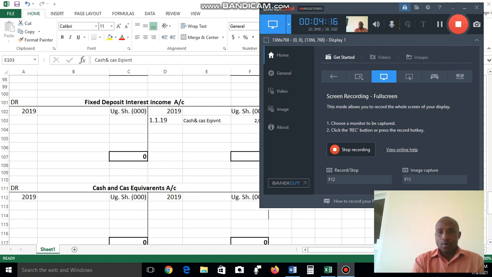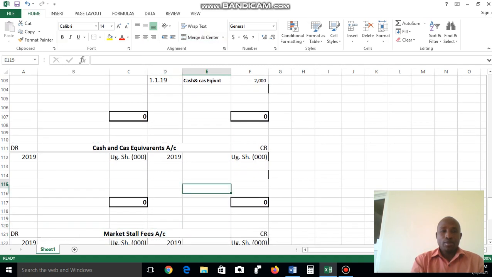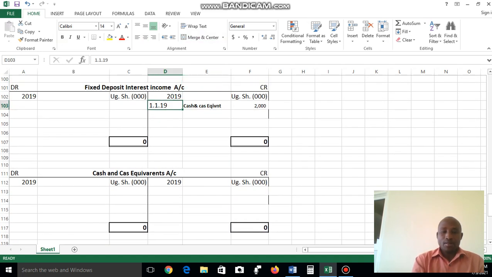Now we are continuing. We have credited fixed deposit interest income with 2 million. Therefore, we are going to recognize this, which could be amidst the year or 31st. Then we have to debit our cash and cash equivalents. On 1st January 2019, I think the trial balance has a balance brought down.